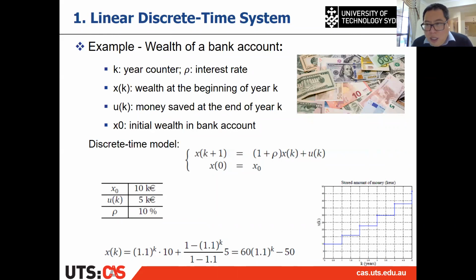We need to start from the relationship between xk plus 1 and xk. After you have that relationship, then you can formulate the system, because the system describes the state in the next time step as a linear function of the current state and the current input.